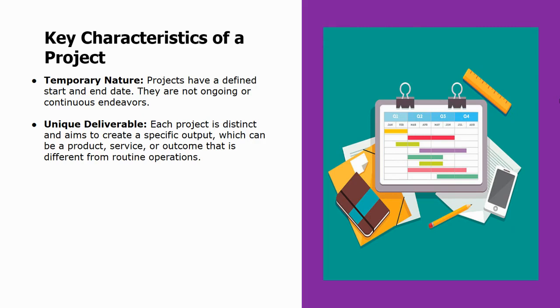Operations are the day-to-day work that we do within a business or an organization, while a project is a time-bound initiative. And when we are done with the project, or when we deliver the project at the end, the project gives a specific result, which could be a product, service, or outcome. And then we can now operate that result.